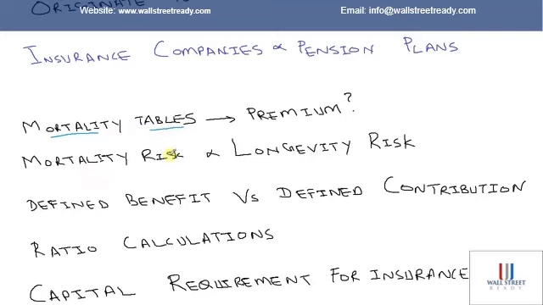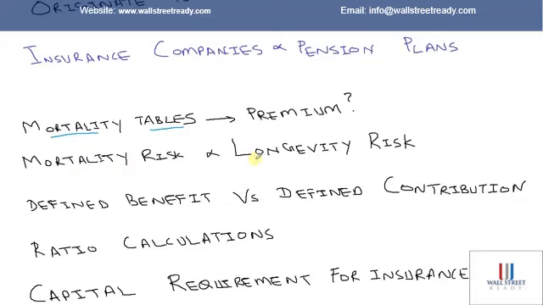Then of course we have mortality risk and longevity risk, two types of risks. Longevity risk is basically the risk of someone living for longer, the risk for the insurance company of someone living longer. And then mortality risk is if someone has a particular accident or something, then for example, for life insurance, you need to pay out much earlier than you thought.